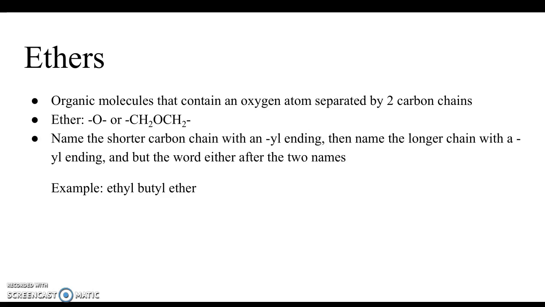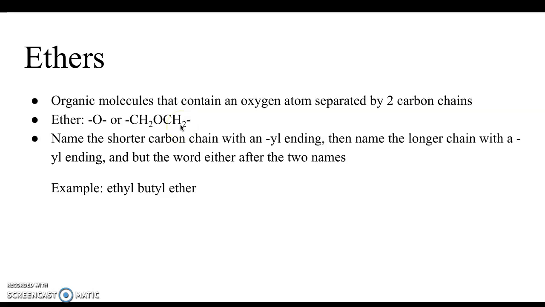These are organic molecules that have an oxygen atom right in the center of the molecule. Their abbreviation is either O with two dashes indicating that there are carbon chains on either end, or sometimes you'll actually see a carbon chain started.